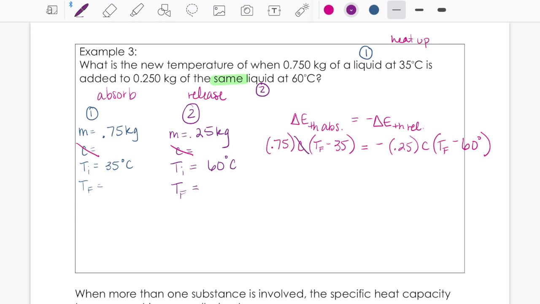Okay, like I said before, my C's are going to cancel, because they're the same value because it's the same liquid, right?